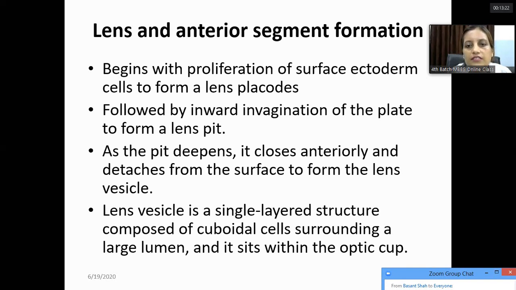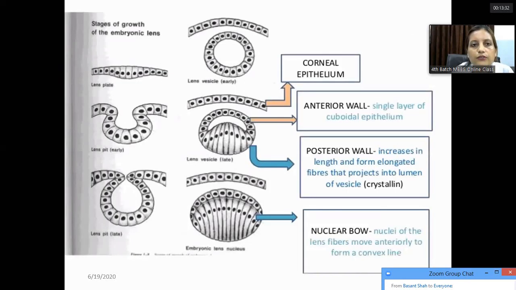A lens vesicle is a single layer structure composed of cuboidal cells surrounding a large lumen, and it sits within the optic cup. In this picture, this is the lens placode, and the lens pit is formed, meaning a slightly deepened area. Then it gradually invaginates deeper and forms a vesicle.